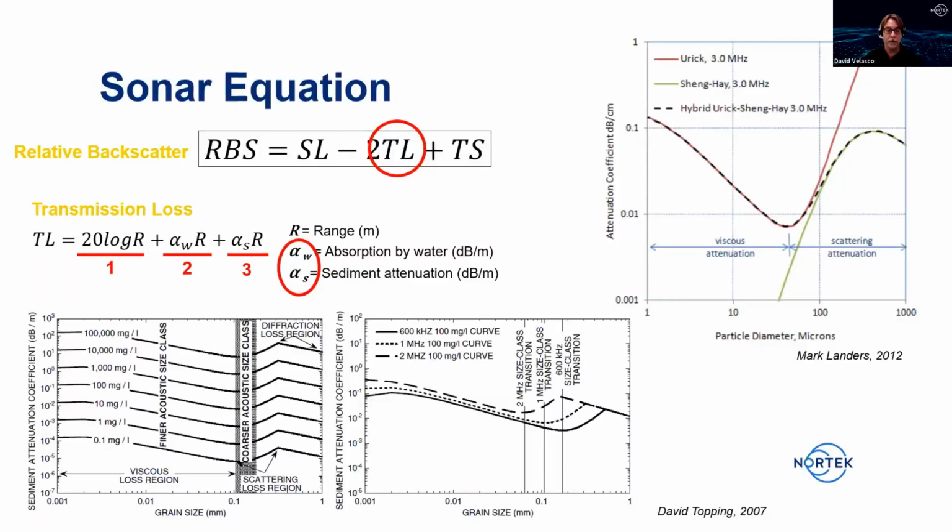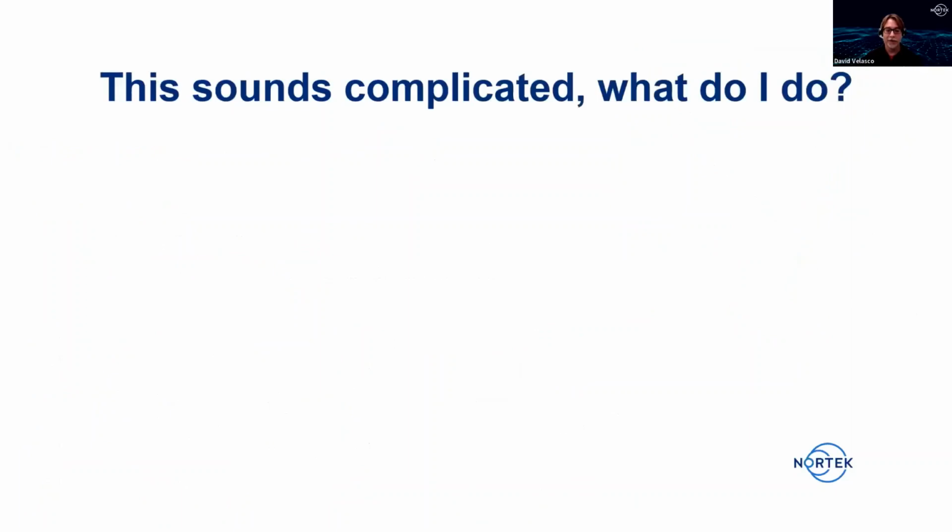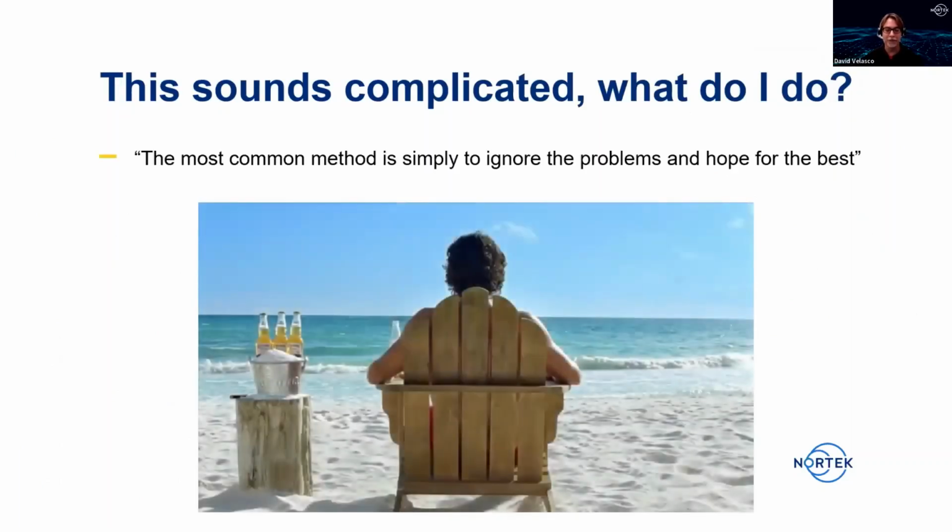That is the alpha W parameter that I have listed here. Okay, so I know you might be thinking to yourself, wow, this sounds really complicated. What do I do? Well, in the words of a famous Doppler man, the most common method is simply to ignore the problems and hope for the best.